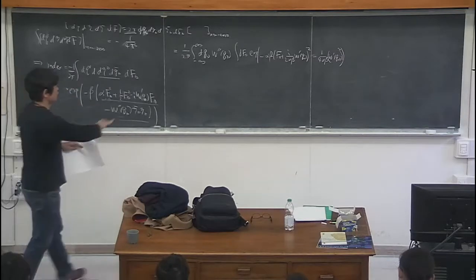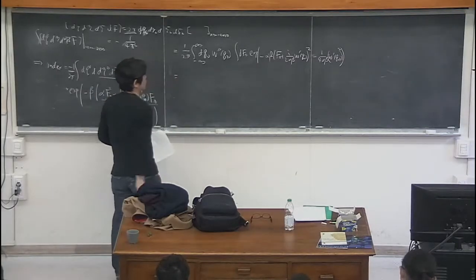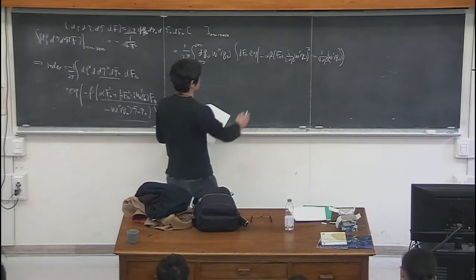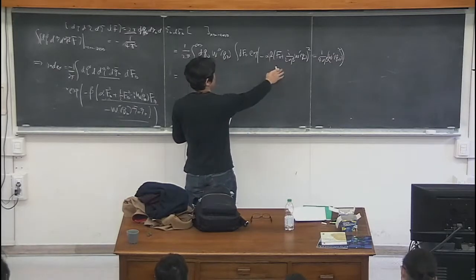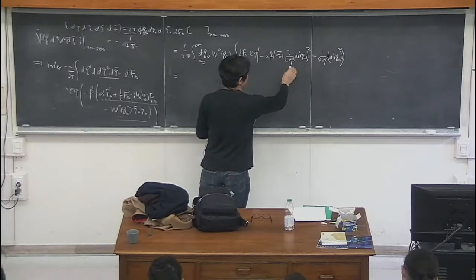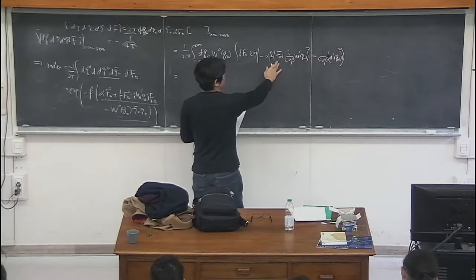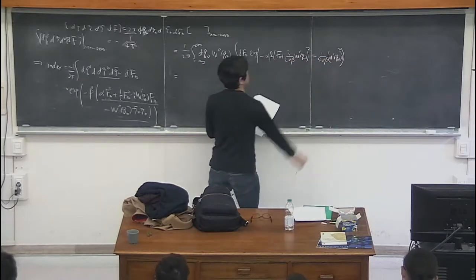This is a trivial calculation, and then integrating out f0 gives a Gaussian integration by shifting f0.